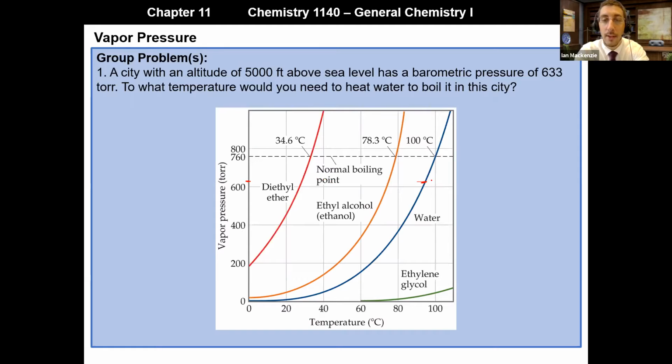If we then track this point downwards until we cross the temperature axis, it's a little bit of a rough estimation, but we would say approximately 90 degrees Celsius would be necessary to reach the point where the vapor pressure would equal the external pressure of 633 torr. And so the new boiling point for water at 5,000 feet above sea level would only be 90 degrees Celsius.